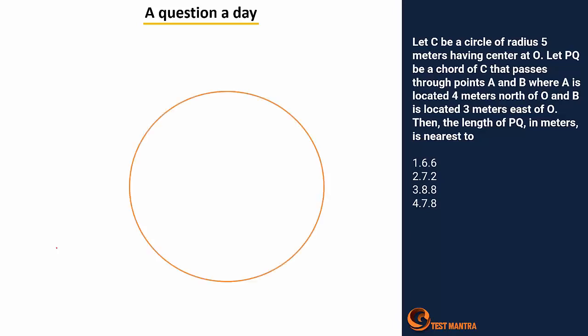Suppose this is the circle available, and I have drawn a chord here. Let's consider PQ is the chord available.